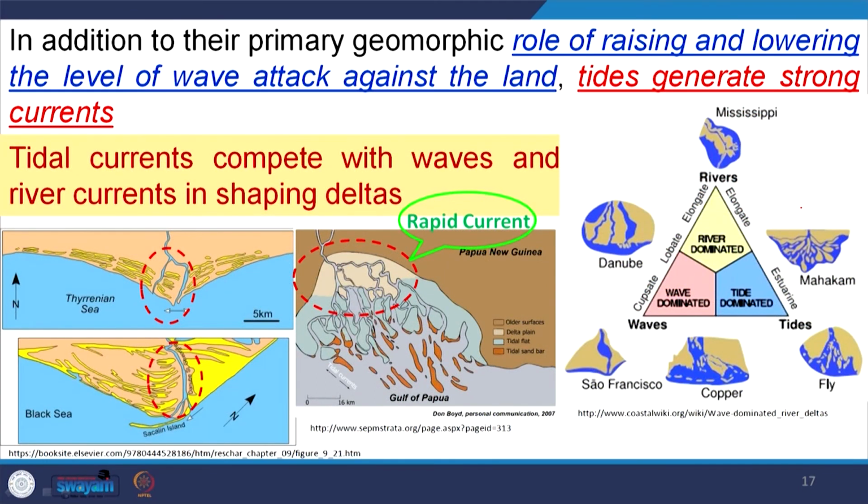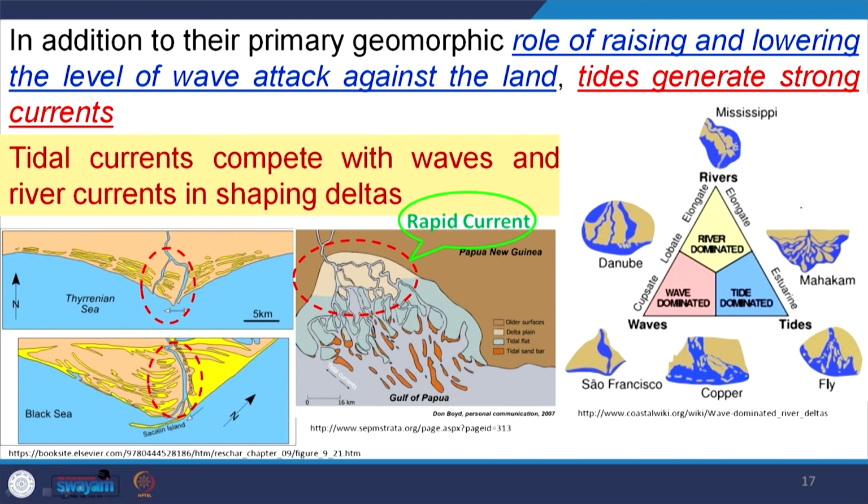In addition to their primary geomorphic role of raising and lowering the level of wave attack against the land, tides generate strong currents. Tidal currents compete with waves and river currents in shaping the delta. Here, tides act as a lift, raising or lowering the wave level.